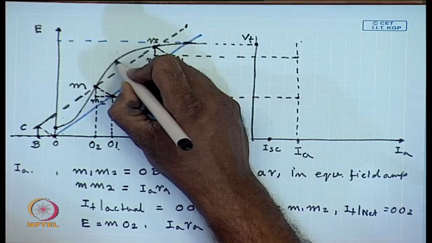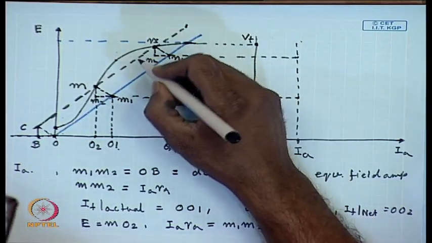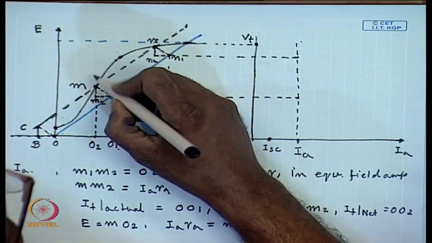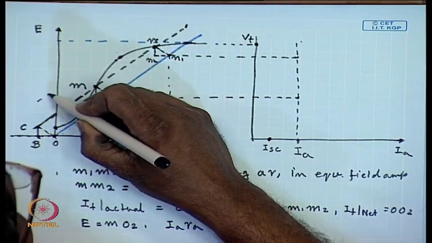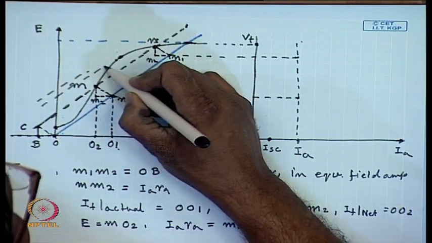For the maximum current, again we draw a line parallel to the field load line.